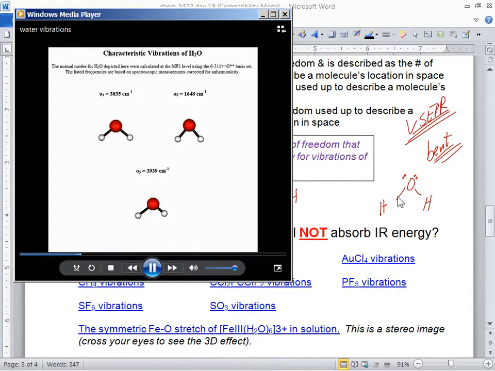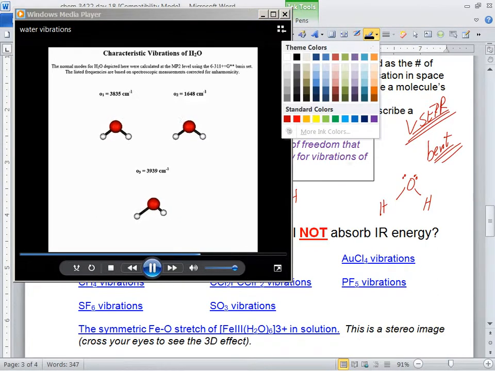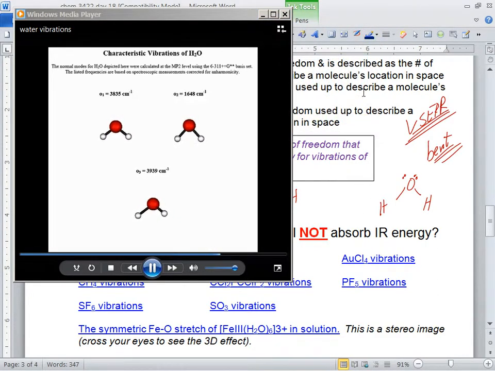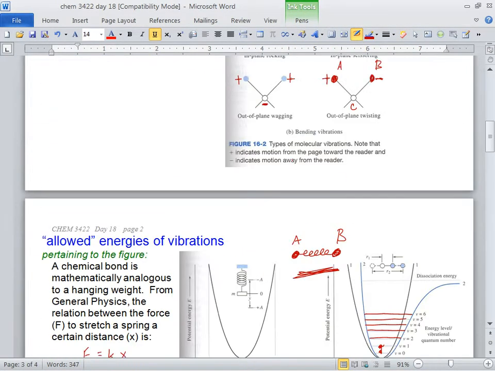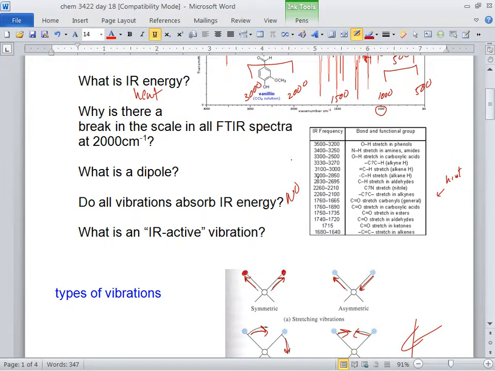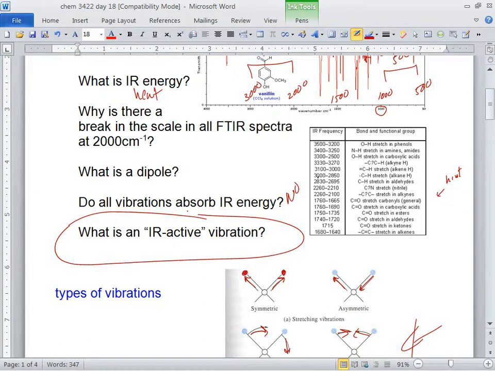Now, in order for a vibration to absorb infrared energy, its dipole moment, I should write this down. This is what's important. Let's just go back up here. You probably should write it right here. An IR active vibration. We need to be more specific here. We can't just say it absorbs infrared energy, because now we're going to play the game, does it absorb IR energy? You can tell this by looking at it.